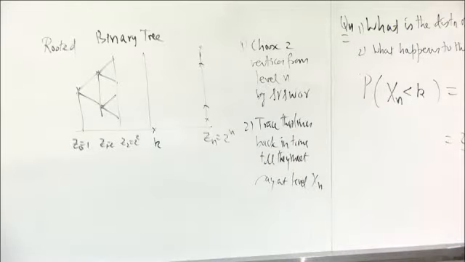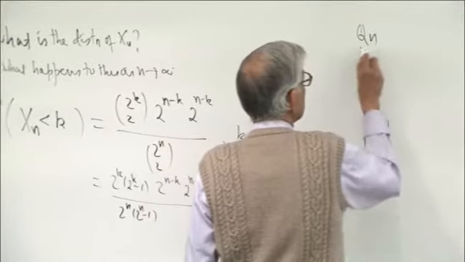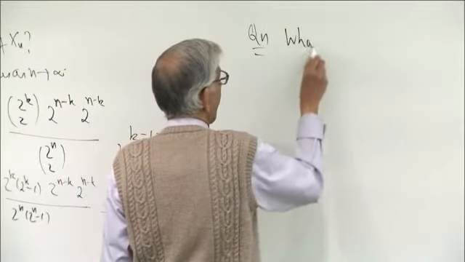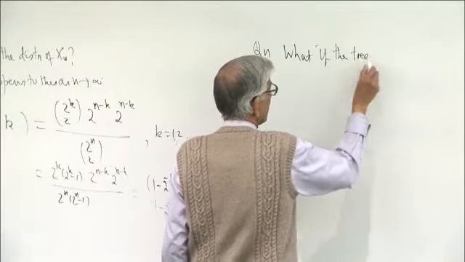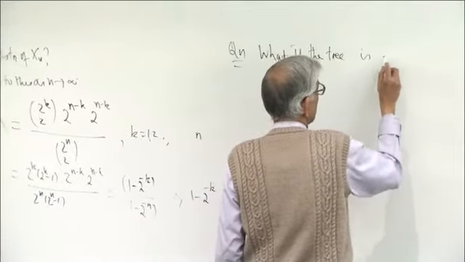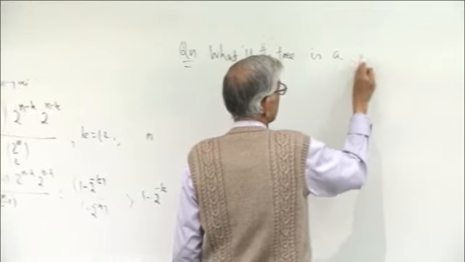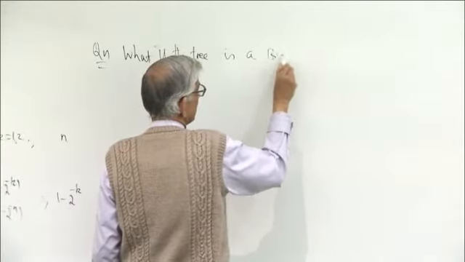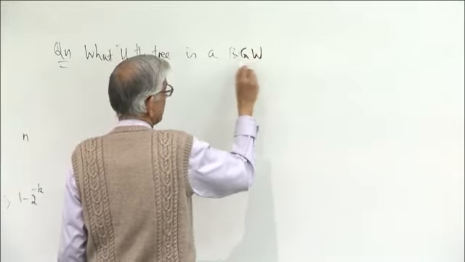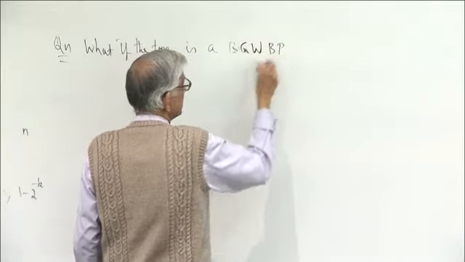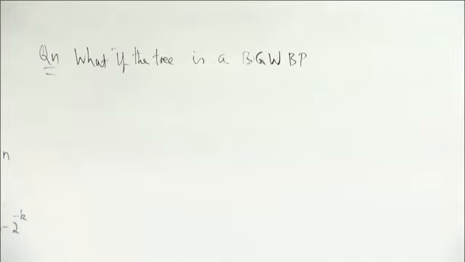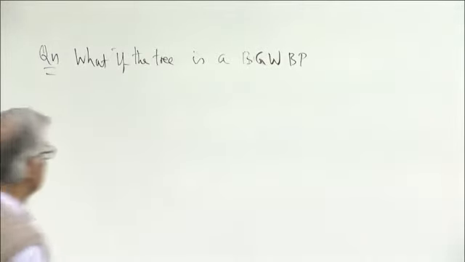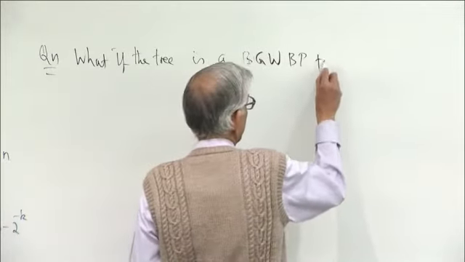So the question that we want to ask is, what if the rooted tree that you have is a Galton Watson branching process tree.